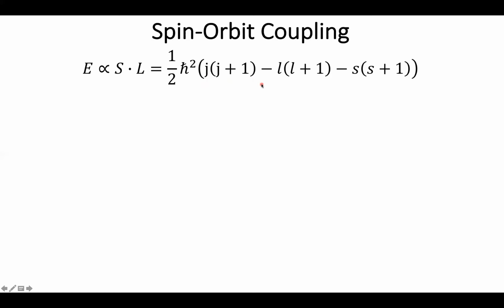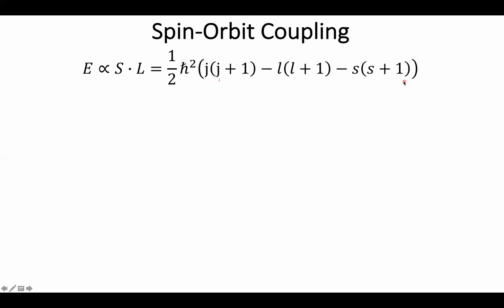So I'm going to want to have each electron generating as little total angular momentum as possible, or as little magnetic field as possible, while simultaneously trying to have as large of orbital and spin angular momentum as possible.